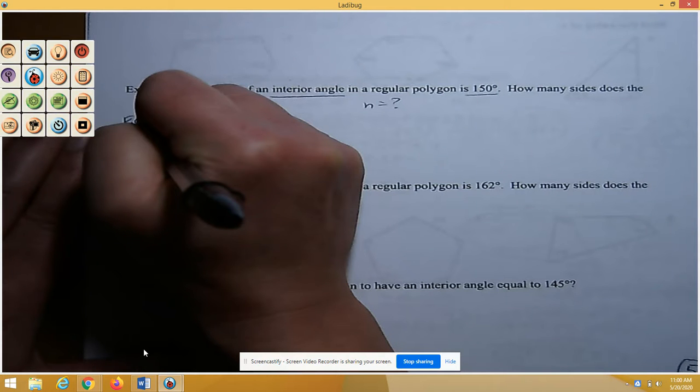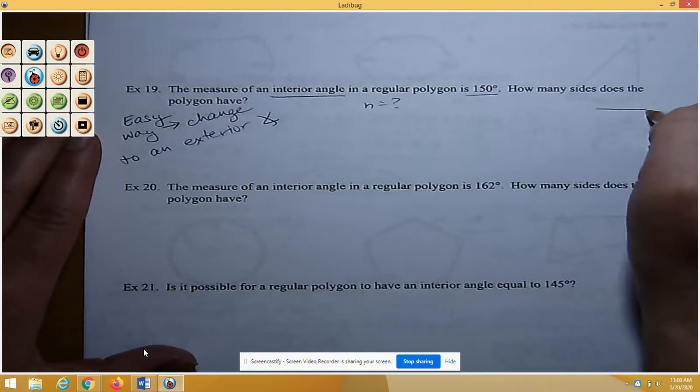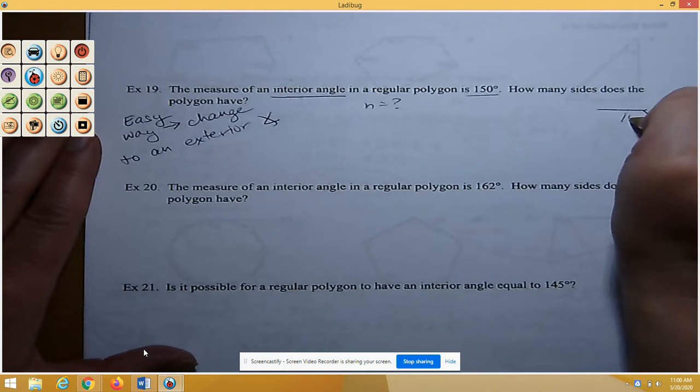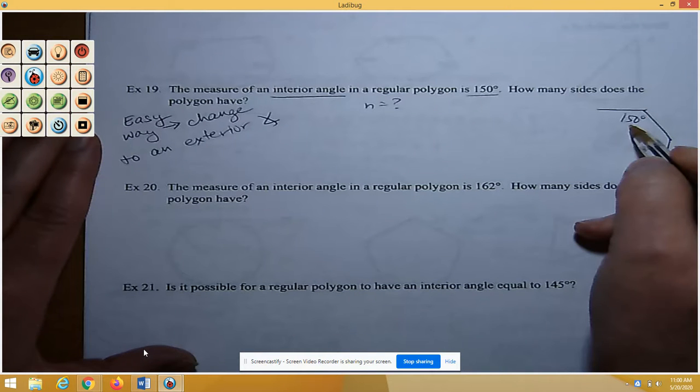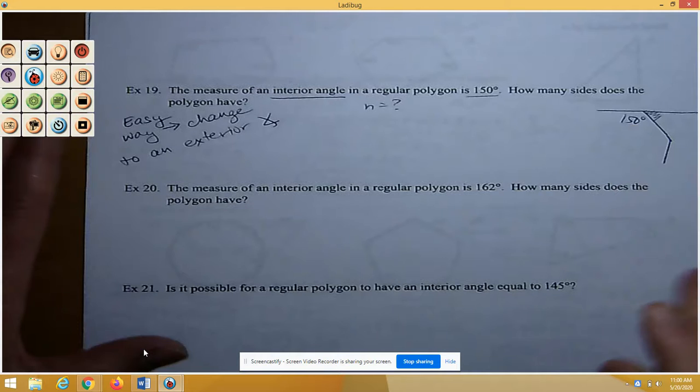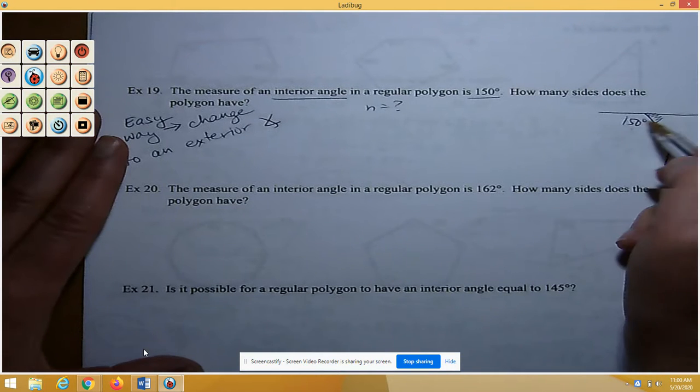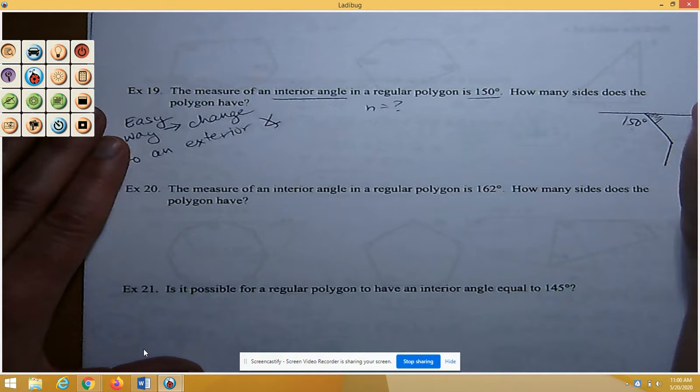So if you think of your polygon, this is 150 degrees. It's one interior angle. That means my exterior angle, be ready to be blown away, these make a linear pair. So you would do 180 minus 150, and you're going to get a 30-degree angle. That's the trickiest part.